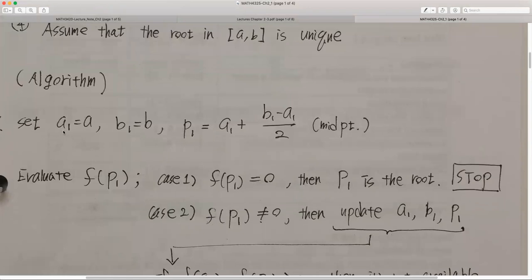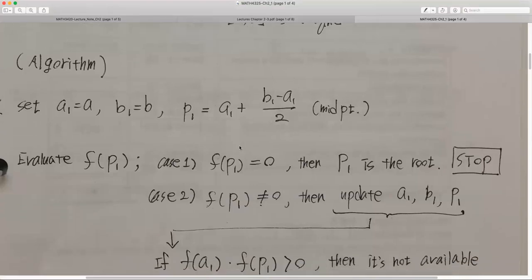Starting, we set a1 equals a and b1 equals b, and then p1 is the middle point between a1 and b1, so (a1 + b1) divided by 2. We can express the middle point like this, but either one is fine.